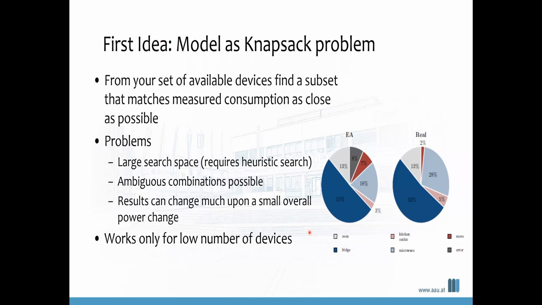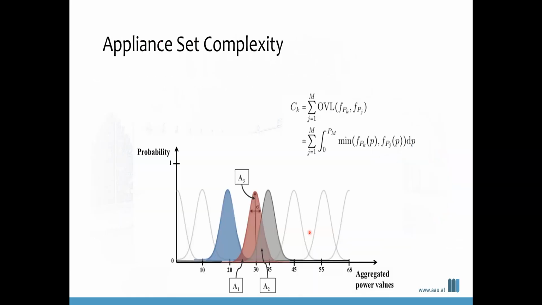If you want to know if a certain appliance set would work with the knapsack problem, then you need to calculate a complexity value for it. This appliance set complexity is something you can calculate, and this is now a stochastic problem.